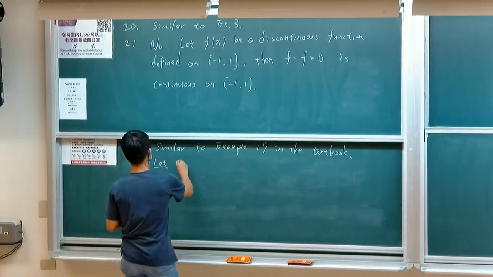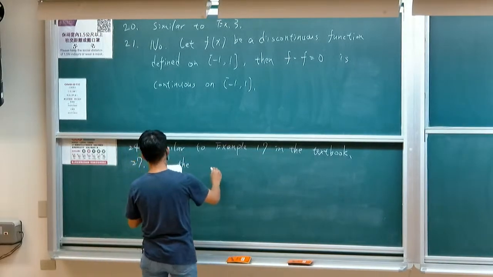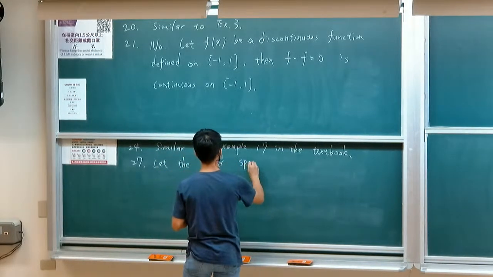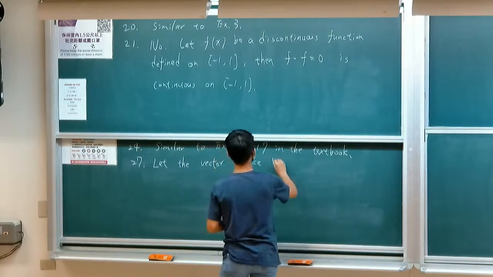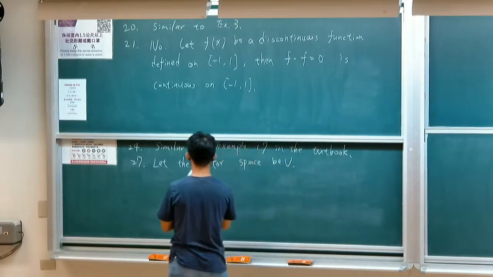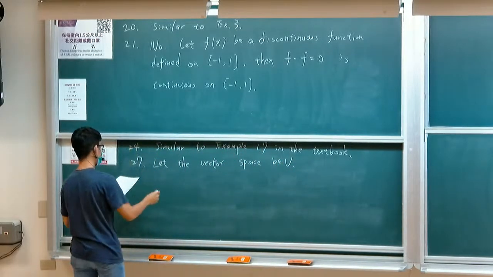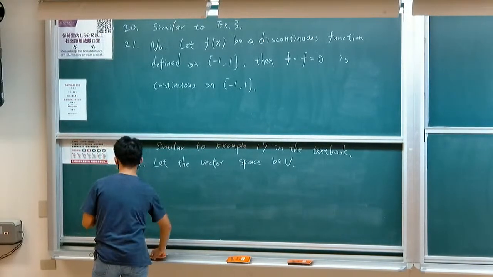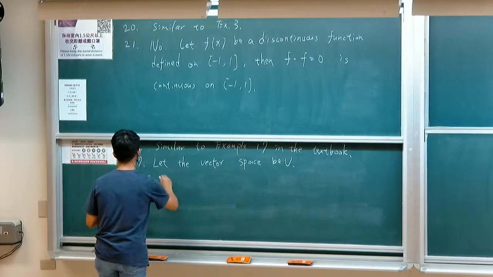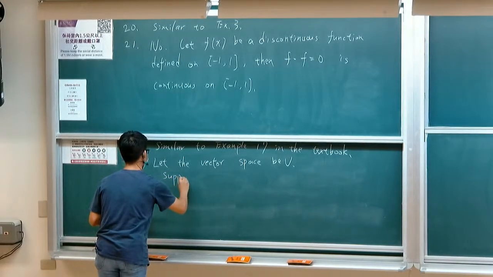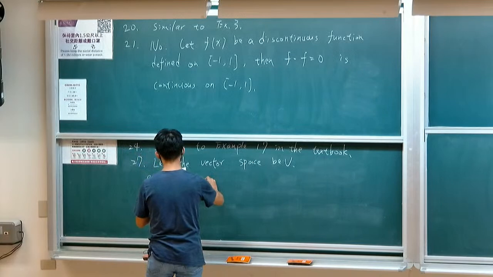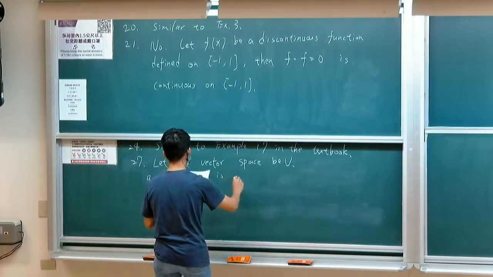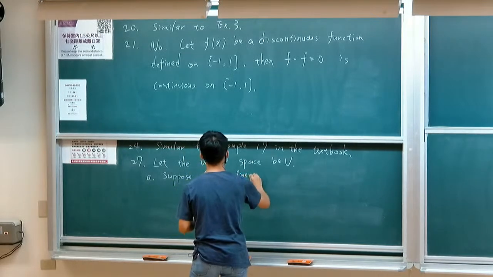So we know that V is a vector space. For part A, we suppose that G is linearly dependent.